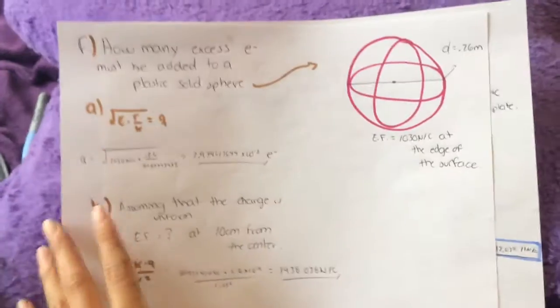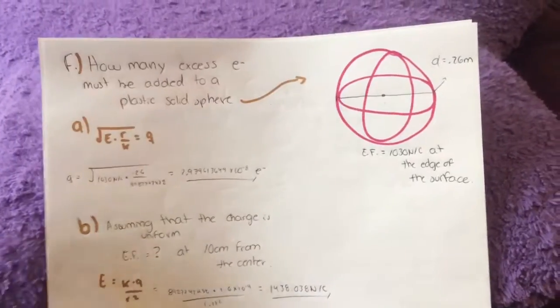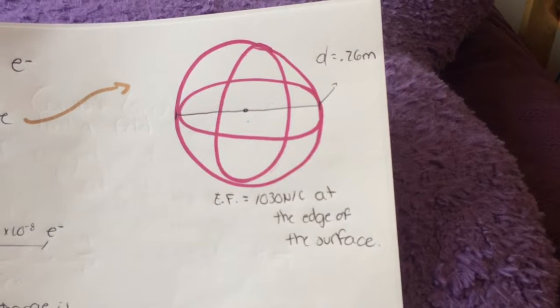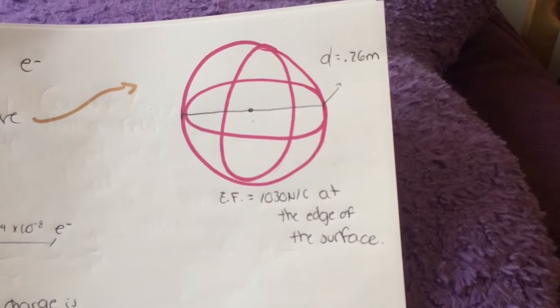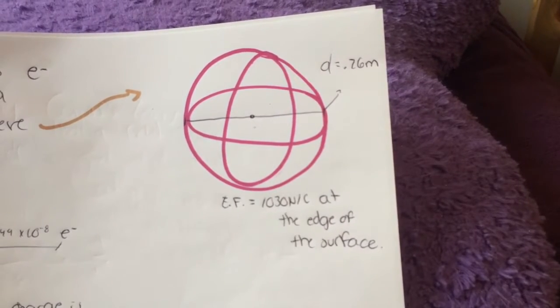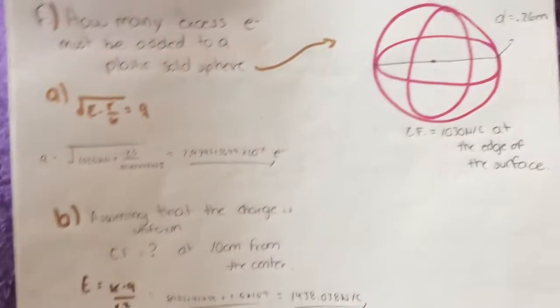For problem F, we ask how many excess electrons must be added to a plastic solid sphere. Here we have the sphere with a diameter of 0.26 meters and an electric field of 1030 newtons per coulomb at the edge of the surface.